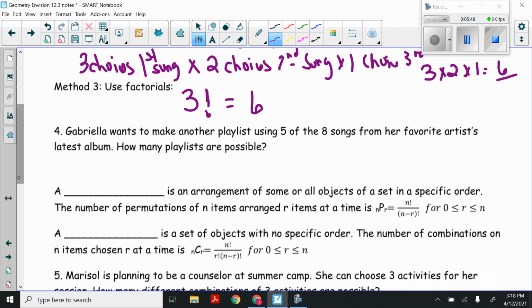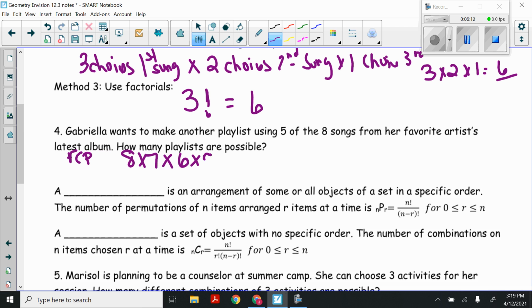Right, so let's look at number 4. Gabriella wants to make another playlist using 5 of the 8 songs from her favorite artist's latest album. How many playlists are possible? Okay. So again, if we look at the fundamental counting principle, on the first song, she has 8 choices. On the second song, now she has 7 choices. On the third song, she has 6 choices.